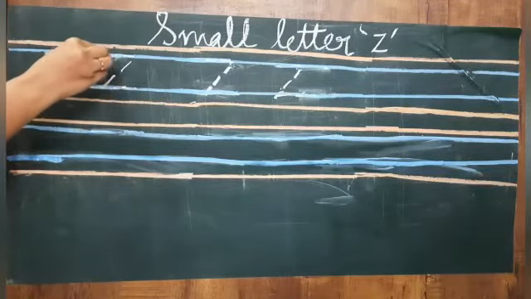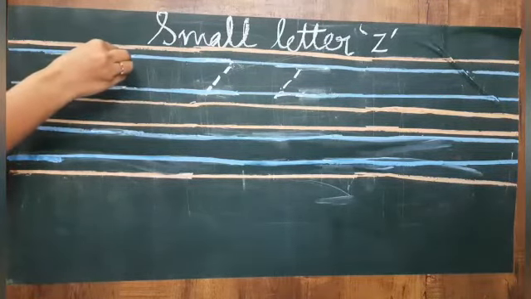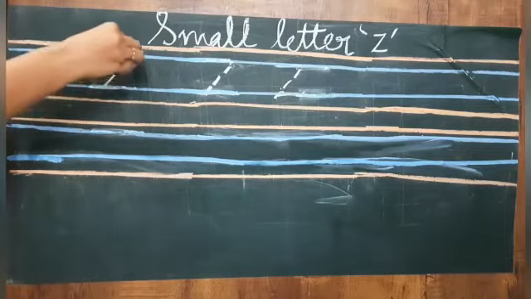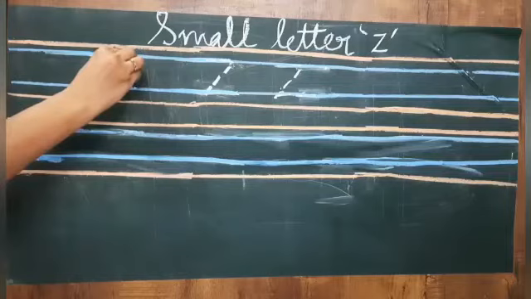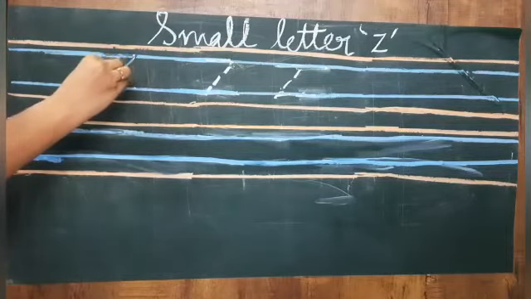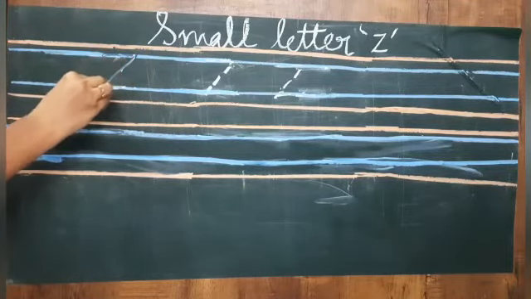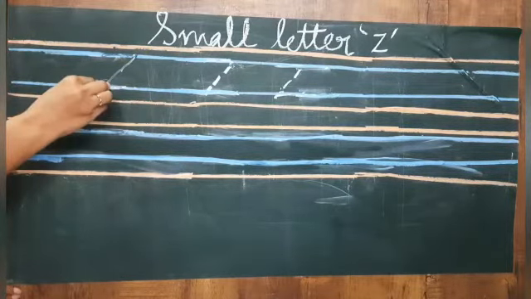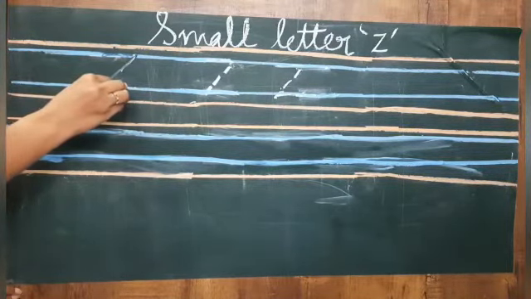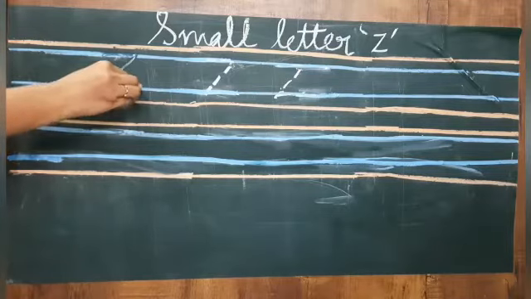Start from the first blue line. Trace a slipping line on the blue line. Then a slanting line starting from the blue line and touching the second blue line. And then start doing the slipping line on the second blue line.